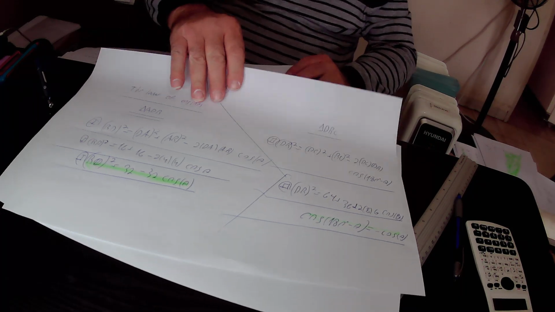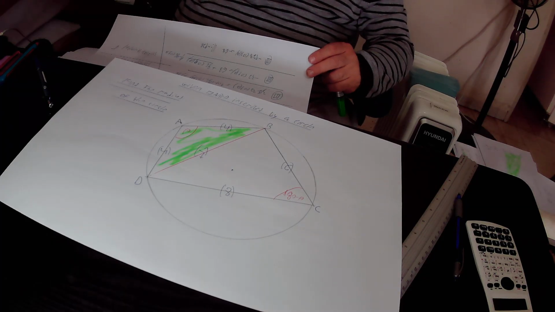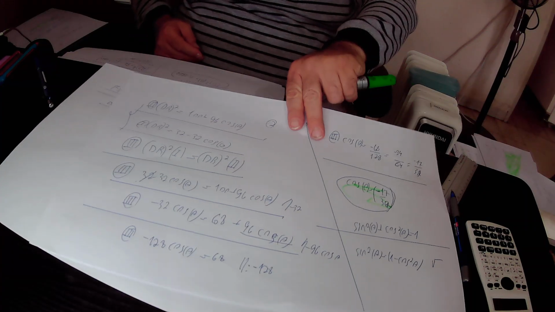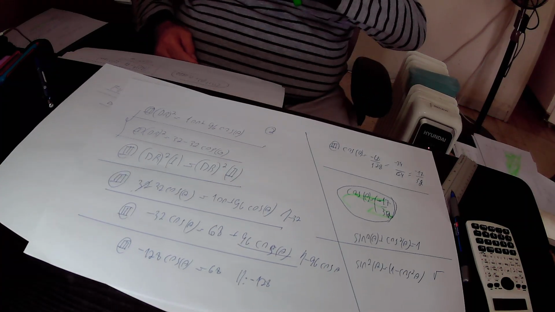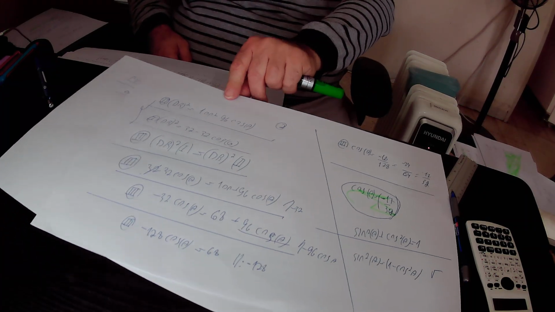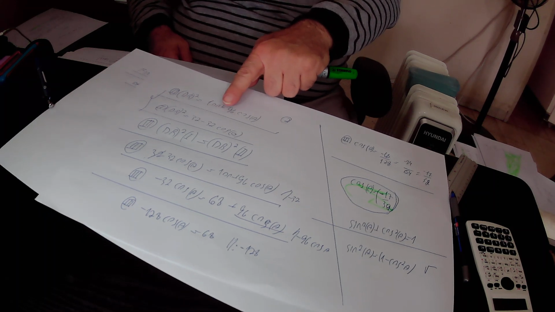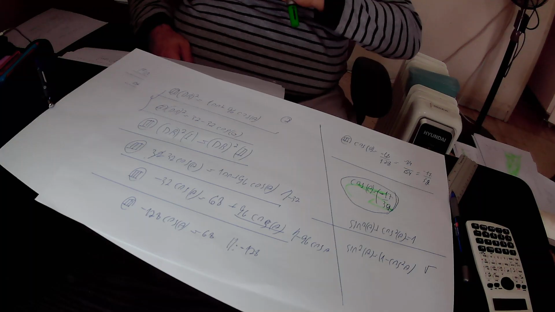So in total we found out that according to equation 1, BD squared equals 32 minus 32 times cosine theta.